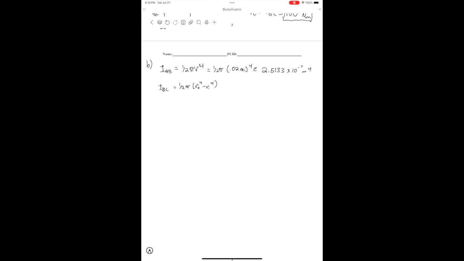You're basically taking the moment of inertia of this rod if it was completely solid, and subtracting out the moment of inertia that would be present at the inner diameter that you're taking away. That is how I always remember that particular formula.